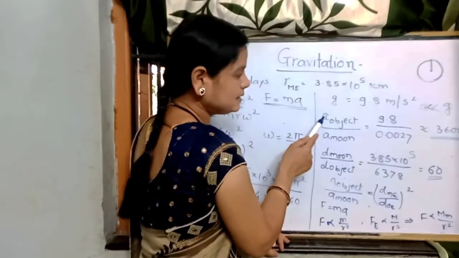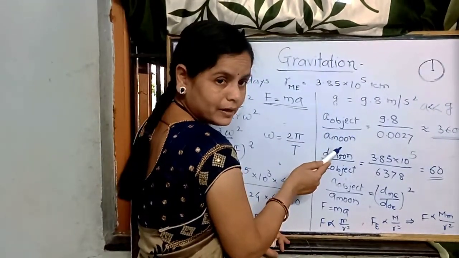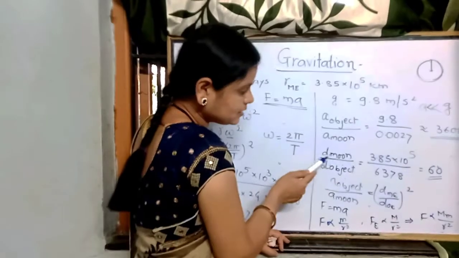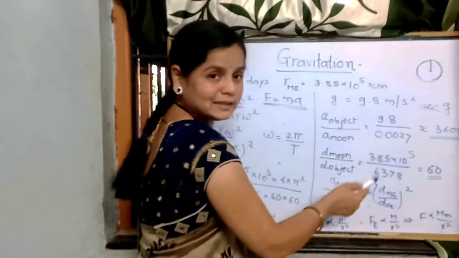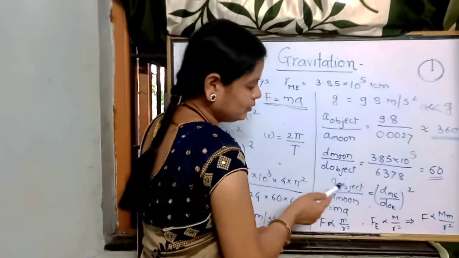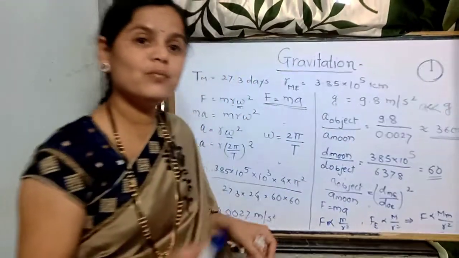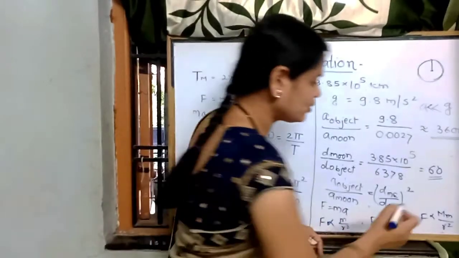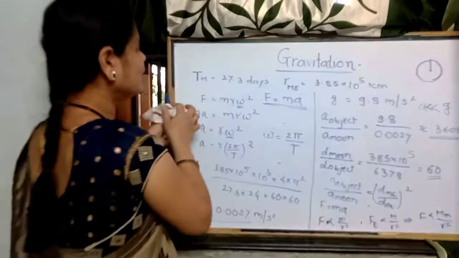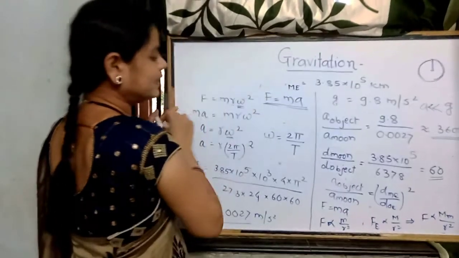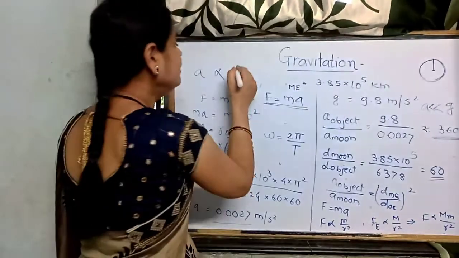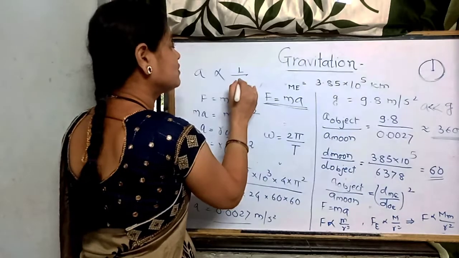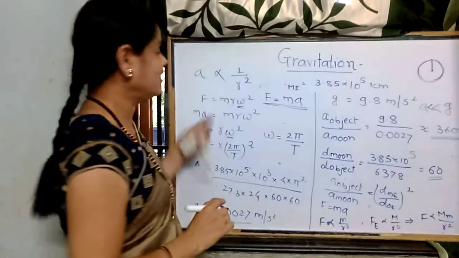See here, this is the acceleration of the object divided by the acceleration of the moon, and this is the distance of the moon divided by the distance of the object, so this ratio equals the square of the distance, which is inversely proportional. Thereby we conclude that acceleration is inversely proportional to the square of the distance.